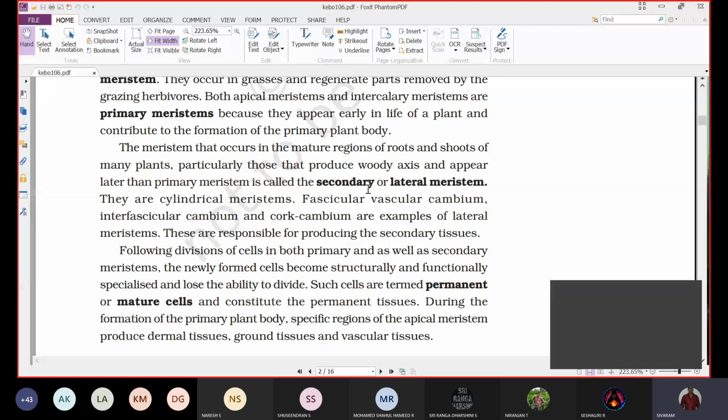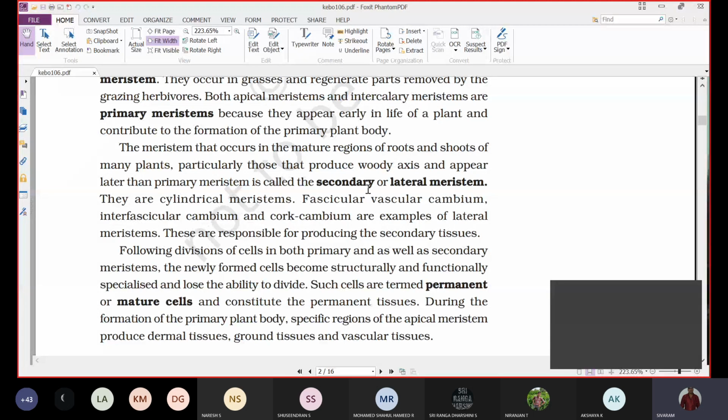or weak roots. In the plants which are showing woody axis or hard stems and hard roots, we'll find the development of certain tissues in the later period of their growth, and these tissues we are calling secondary tissues, and the growth we are calling secondary growth.